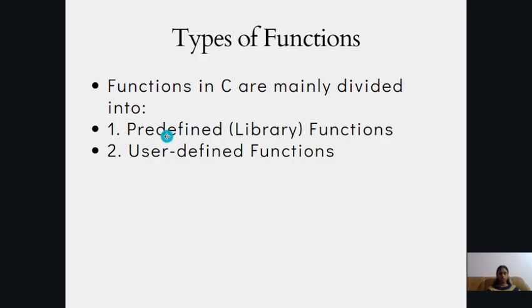Functions are mainly divided into two types: predefined functions, which are also called library functions, and user-defined functions. Predefined functions are already available in C, and user-defined functions are the ones we create ourselves. Let's understand each one.